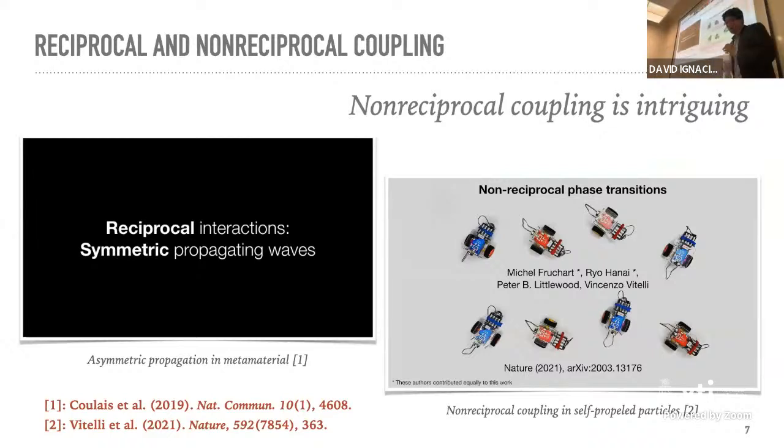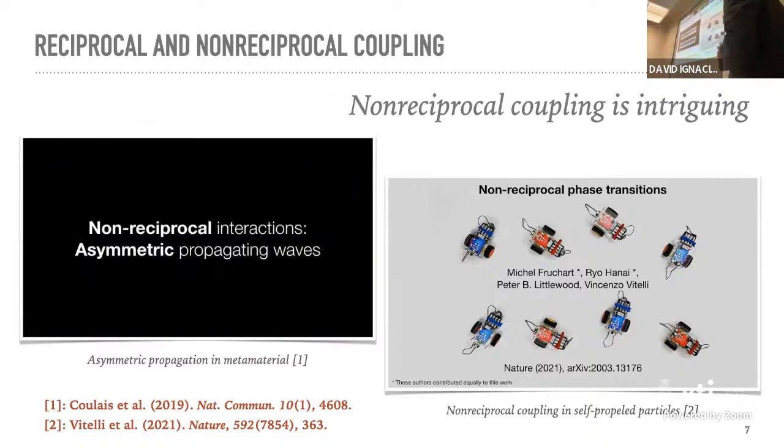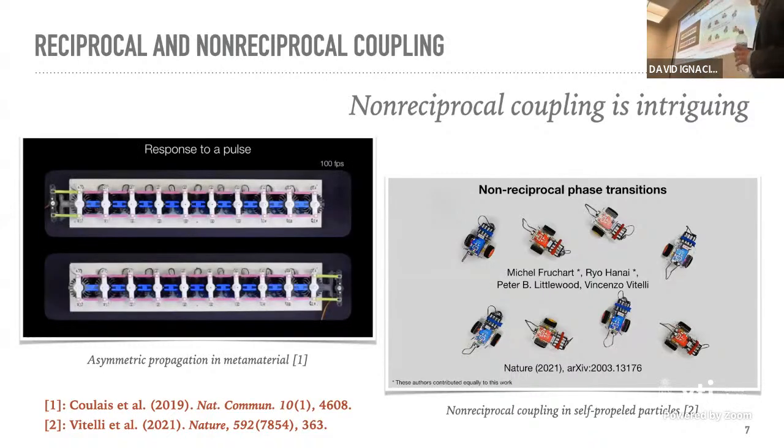Non-reciprocal coupling is really intriguing because it serves as a way of directing the propagation of energy and other properties of systems, as you can see here in this small video, where some researchers created a system with non-reciprocal coupling based on robots.